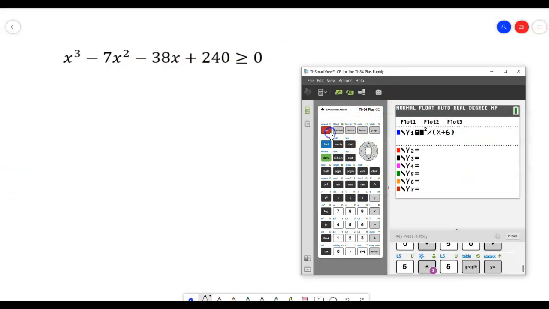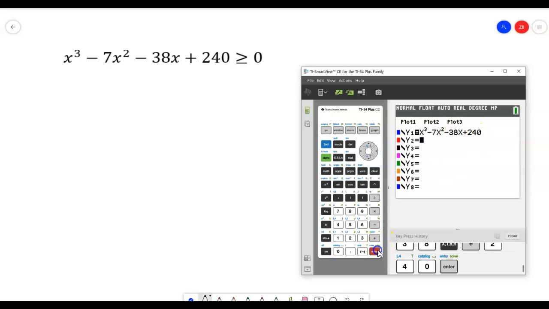Let's put this in our calculator: x cubed minus 7x squared minus 38x plus 240.